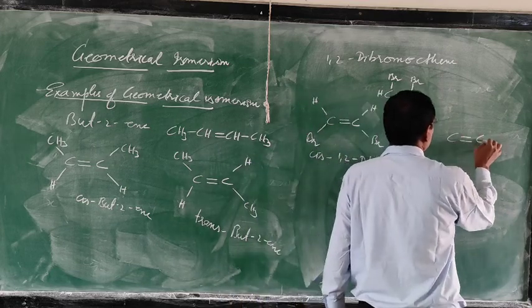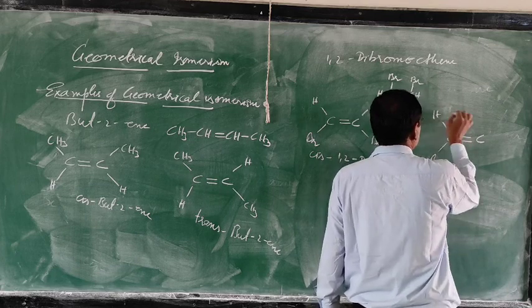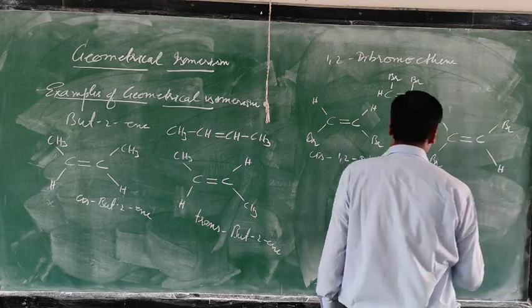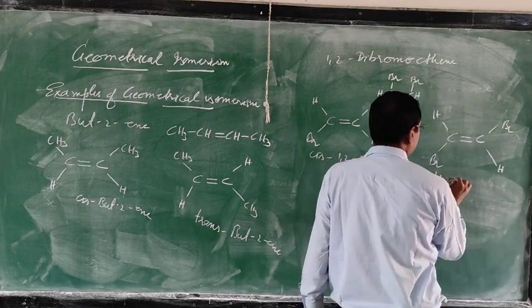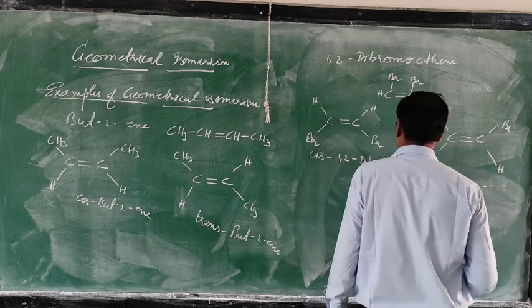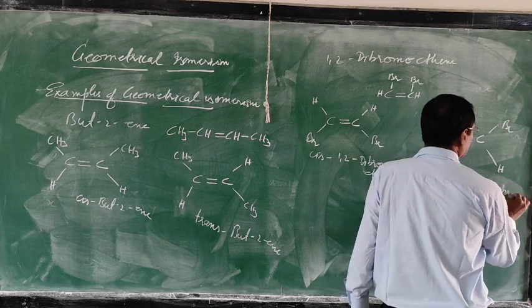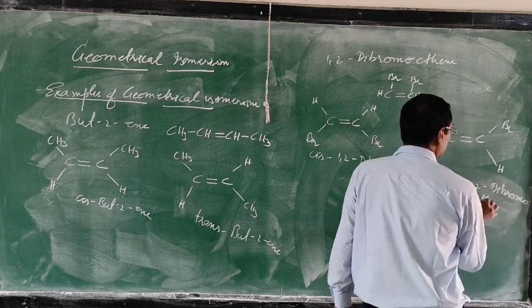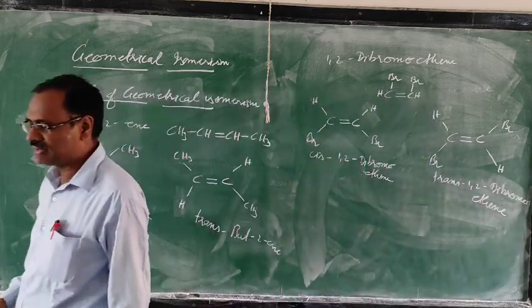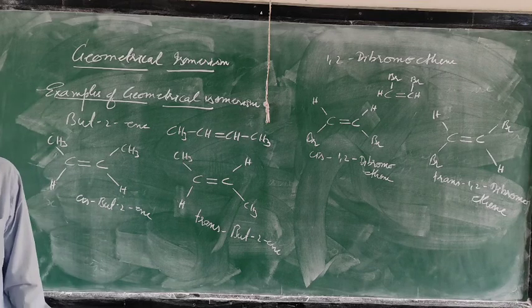Then carbon double bond, Br H, Br H. This one is trans 1,2-dibromoethane. Now next example is but-2-ene-oic acid.